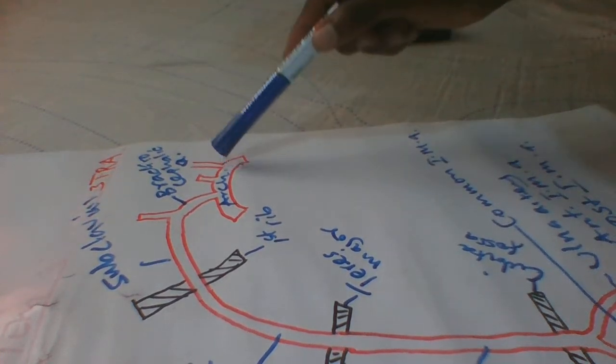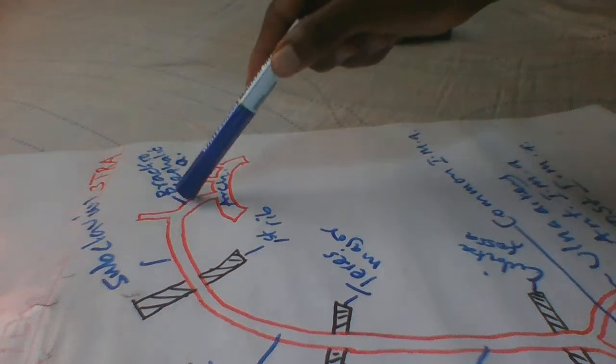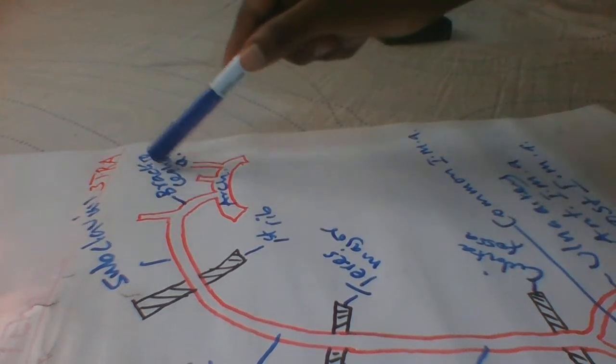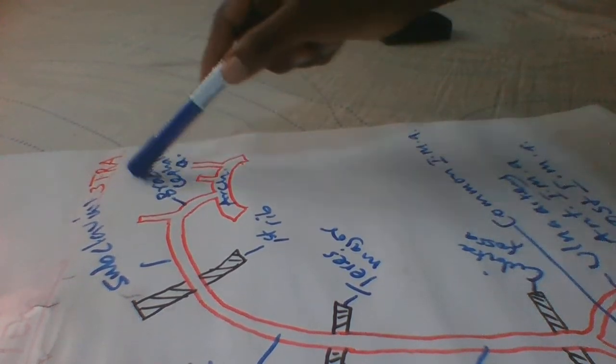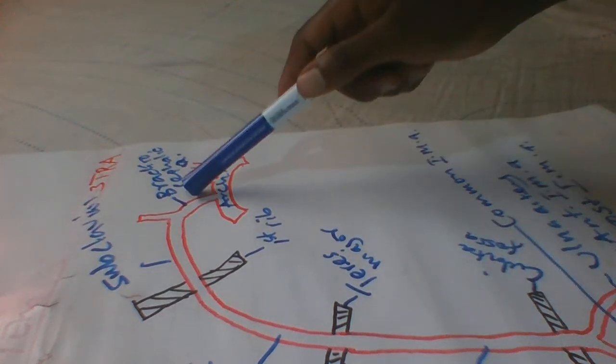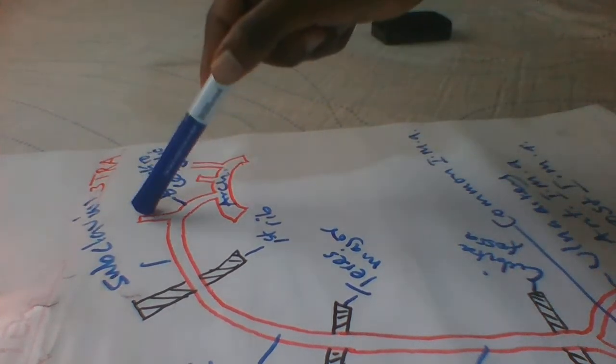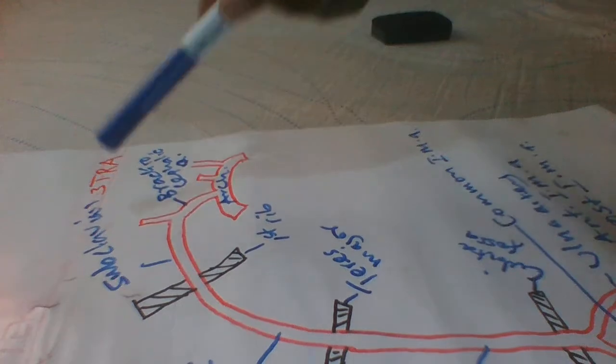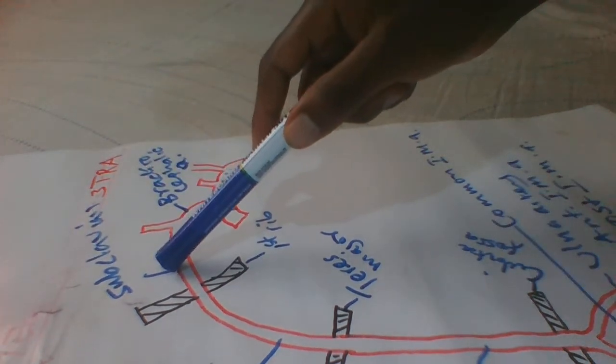Our aortic arc gives rise to a branch known as the brachiocephalic. Then the brachiocephalic divides to give us the right common carotid artery and then the subclavian artery.